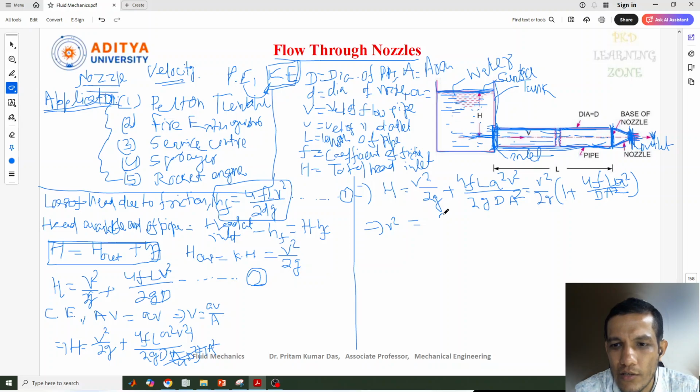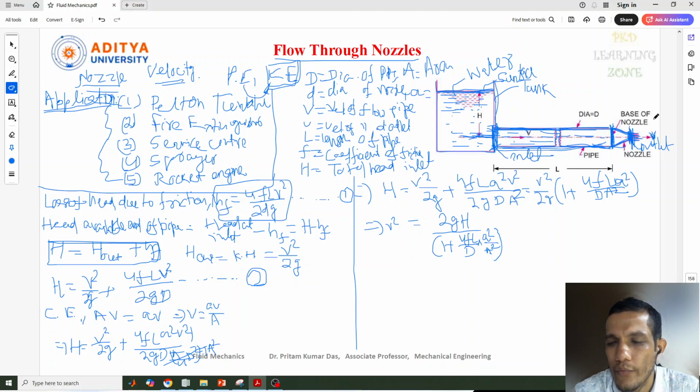Now this is 2GH divided by this whole term, 1 plus 4FL divided by D into small a square by capital A square, bracket close.